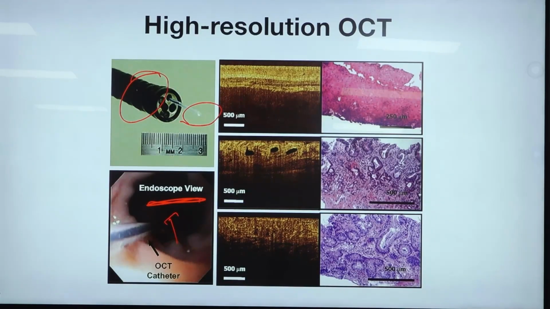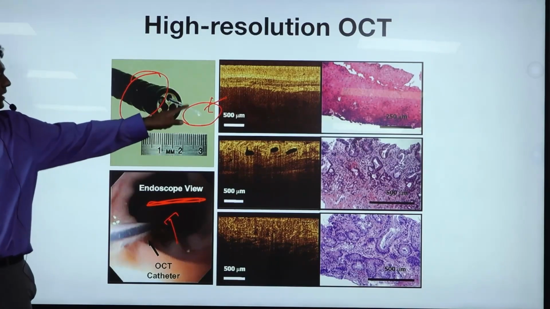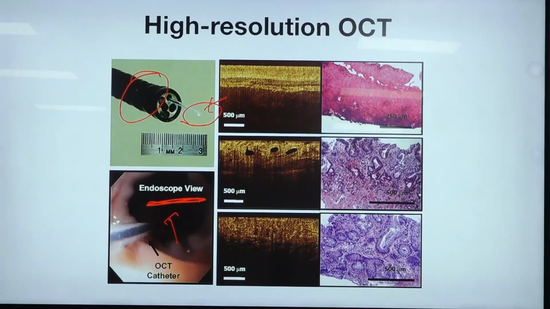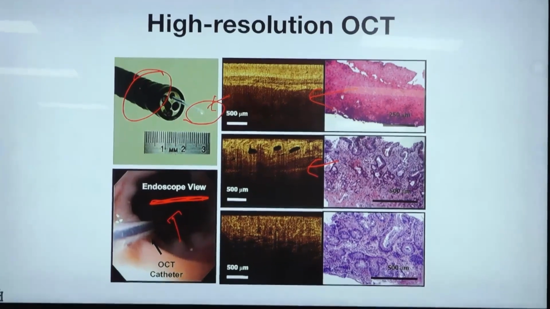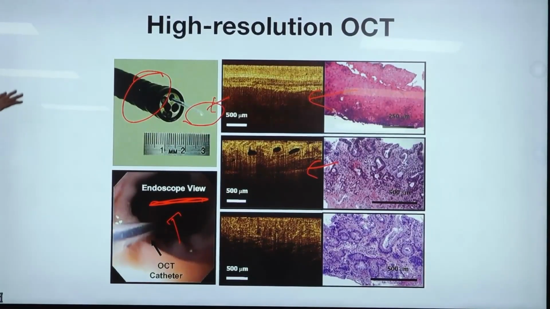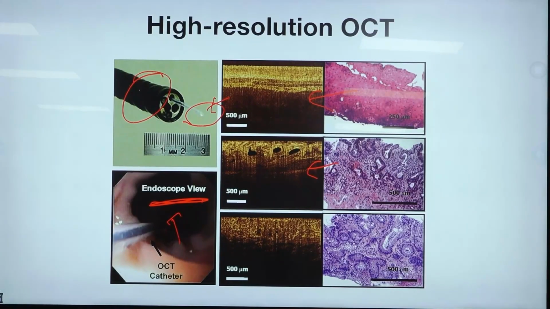The OCT is only at the very tip. The light comes out from the very tip, and you can get images of different regions at very high resolution. You can get endoscopic images of the food pipe or different organs, very good high resolution images, and from this you can do diagnosis of different diseases.